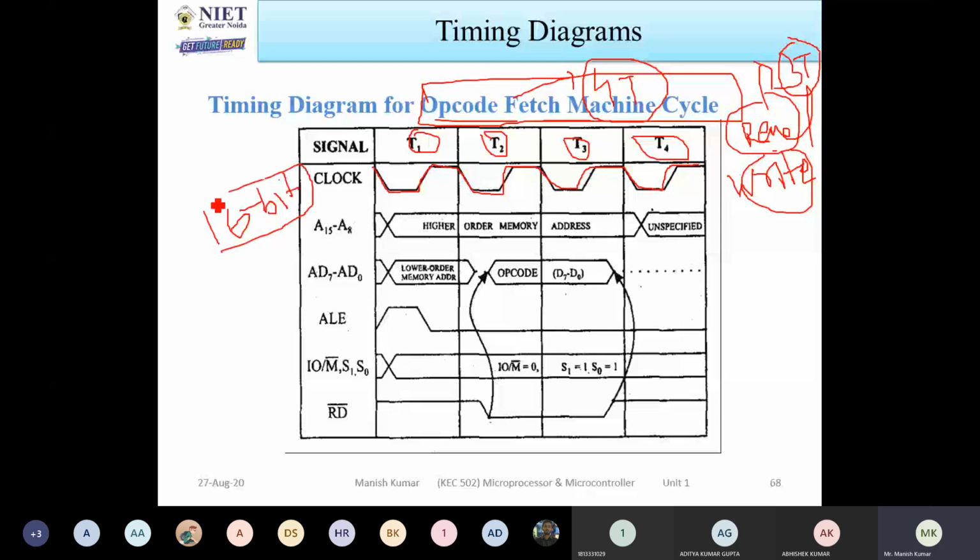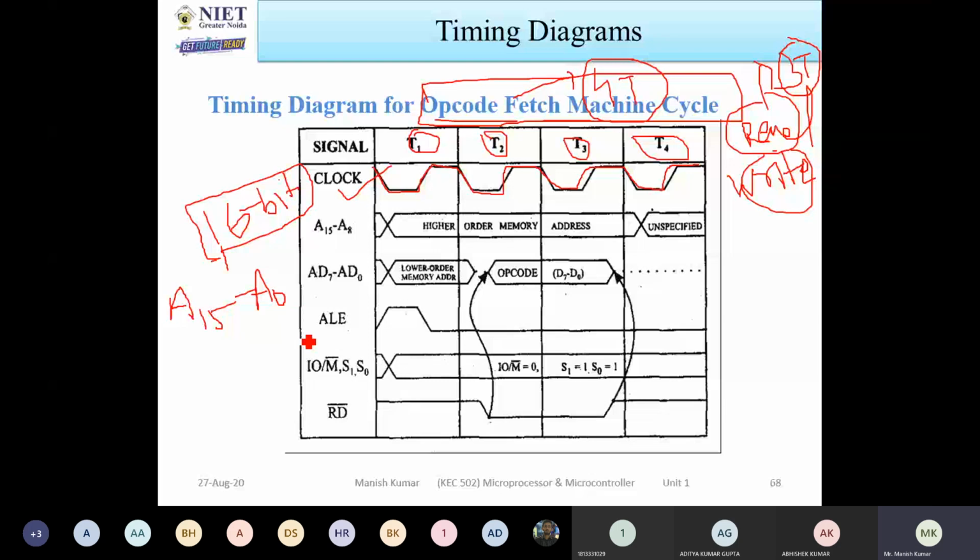Okay, so the first thing is you have to draw the clock. Second, next you have to come to the address. So address means you have to generate the 16-bit address. So how can you generate the 16-bit address? We have a 16-bit address, meaning A15 to A0. In the pin diagram, you can see that from A0 to A15, 16 different pins are there.